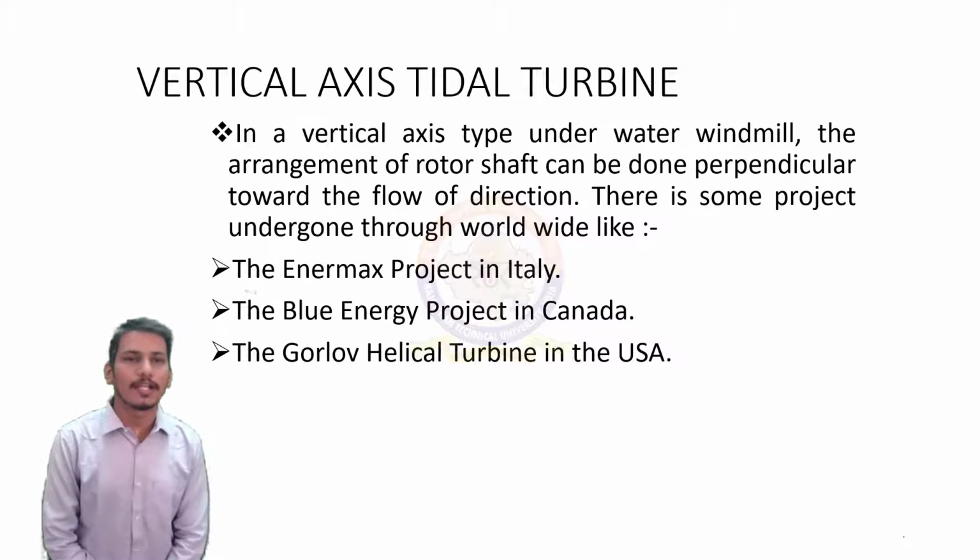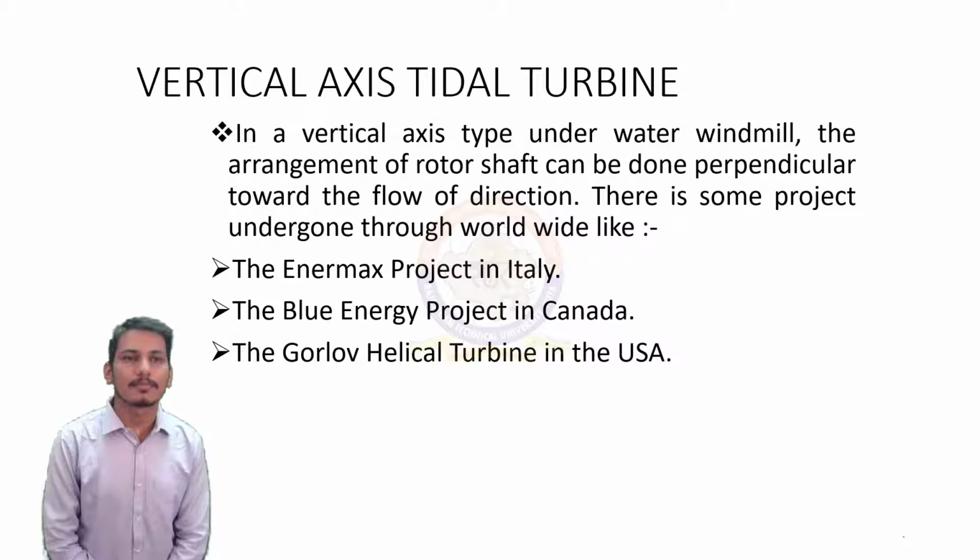Let us move on to the vertical axis tidal steam turbine. In a vertical axis type underwater windmill, the rotor shaft is arranged perpendicular to the direction of flow. The vertical axis turbine possesses some advantages: simple design and installation, cheaper production, and easy operation because the generator, gear and other electrical components can be placed on top.